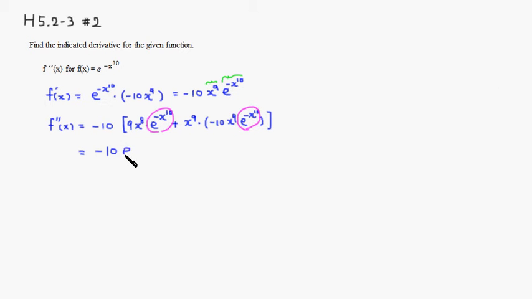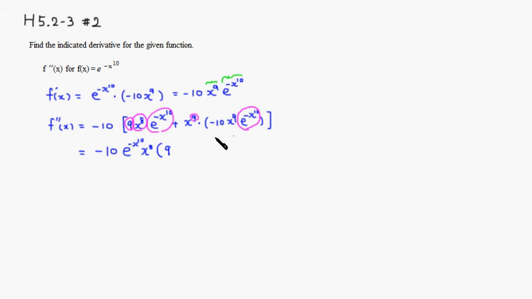E to the negative x to the 10th power, and also there's x to the 8th power here, and there's x to the 9th. I'm going to just circle this so that I know that another x is sitting here. So that would be x to the 8th power, right? And what's left would be 9 from here. So we took care of that.